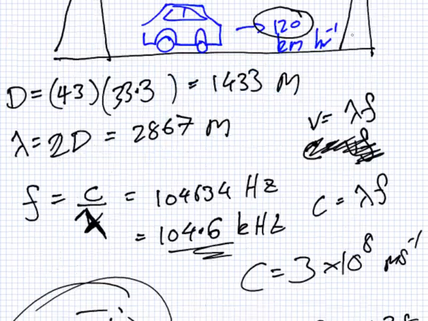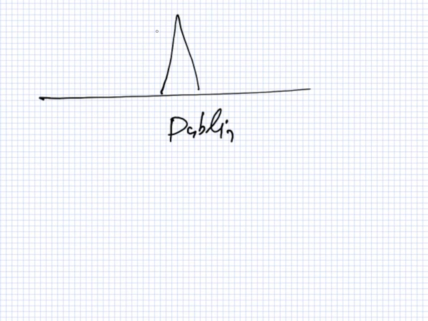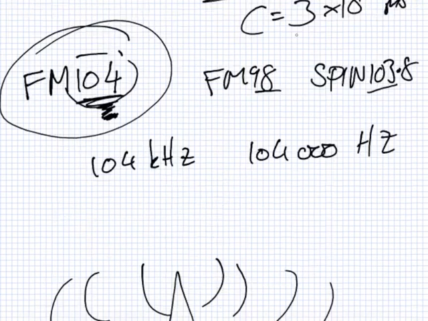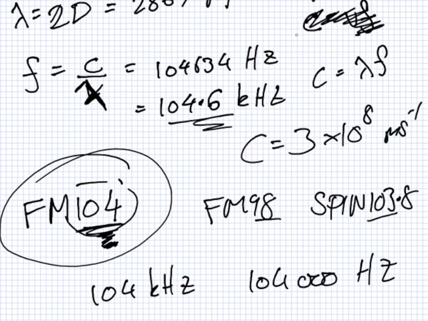But this doesn't happen in real life, because in Dublin you just really have one radio tower. But in some situations, if you have a national station, the radio must be in every part of Ireland.